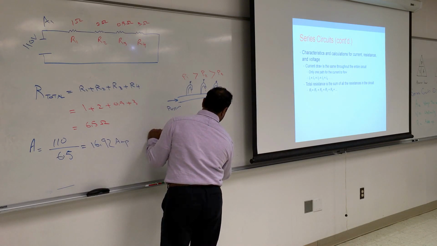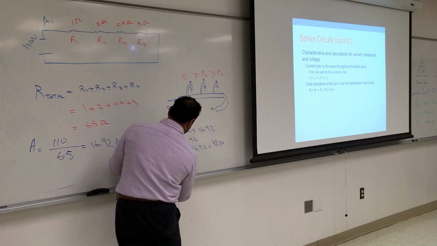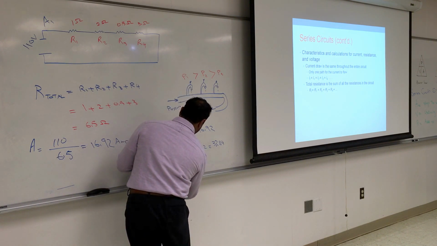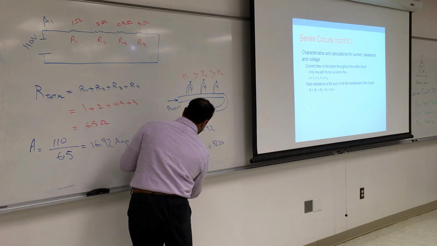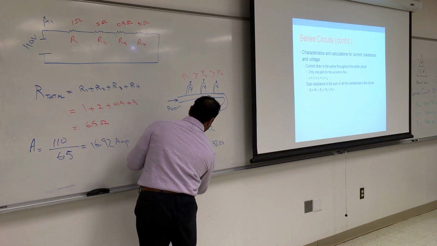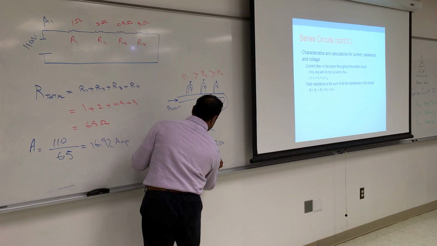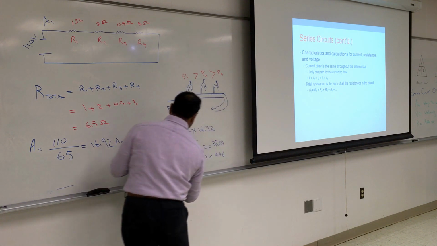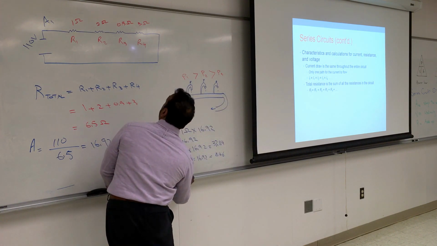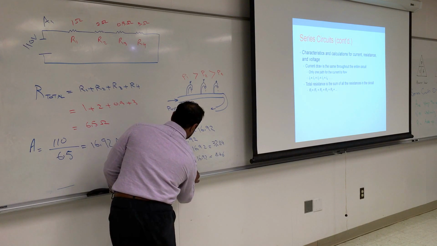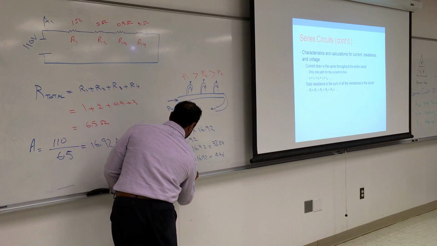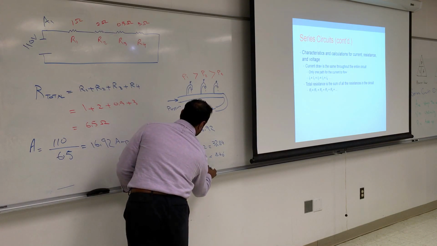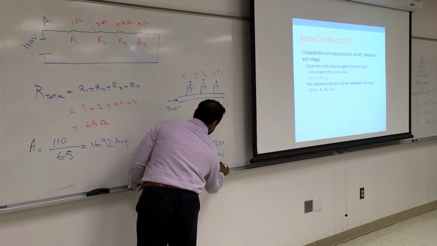And V3 will equal 0.5 times 8.46... 4.23. And V4, 3 times 16.92, what is it? 50.76.